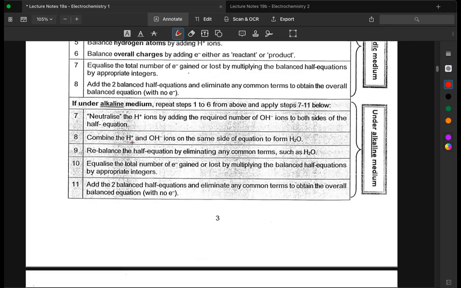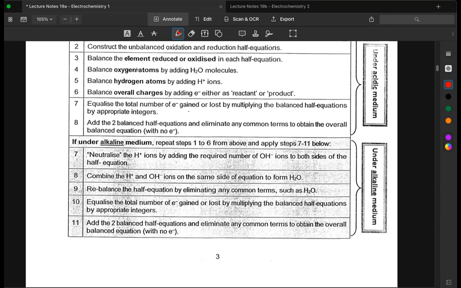If the medium is alkaline, steps 1 to 6 are totally the same. Just that now, if you want to neutralize the H+, you need to add the required amount of OH- ions on both sides of the half equation. Okay, because the medium is alkaline, you need to neutralize or remove the H+ by balancing with OH-.